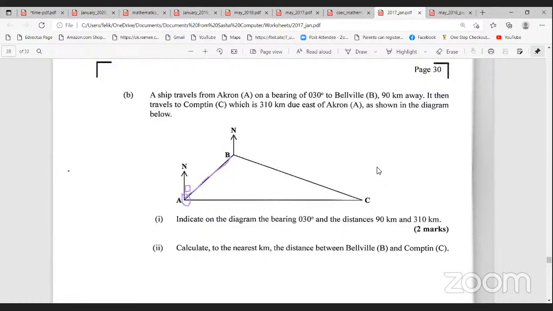So write out the angle, Gabriel. Good. Well done. All right, so we have that one, and they say that the distance is 90 kilometers. Put in your 90 kilometers now, Gabriel.